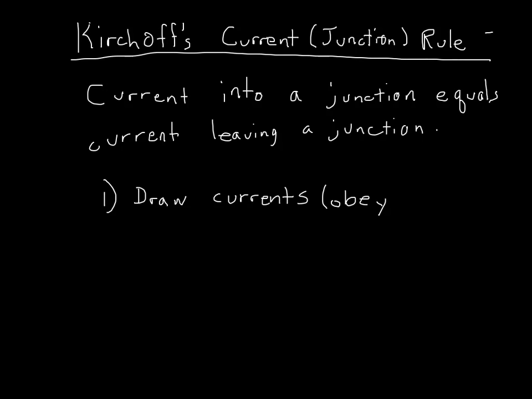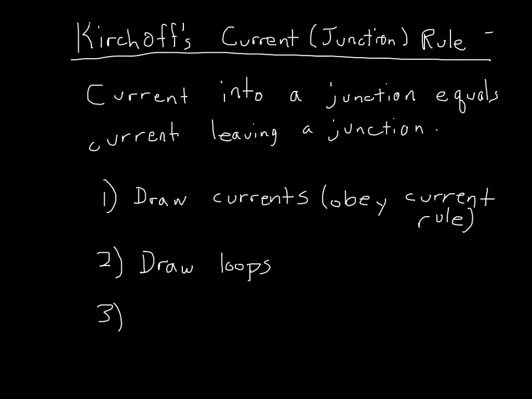Current into a junction has to be equal to current out of a junction. Then I'm going to draw loops, and apply the loop rule to figure out how the voltage is acting through my circuit.